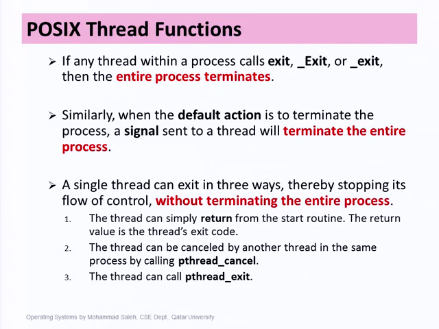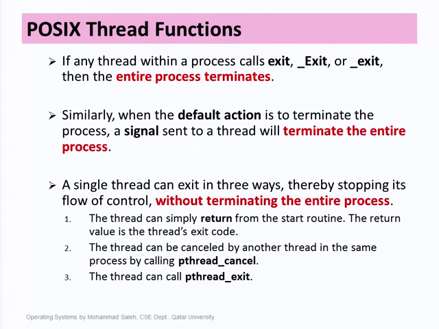The same thing applies to signal handlers. If a process or a thread receives a signal, we mentioned before that the default action of signal handling involves the termination of the process. So if you send a signal to a thread and you are not catching that signal, then the default action will be taken, and the default action is to terminate the process, not the thread, the process.